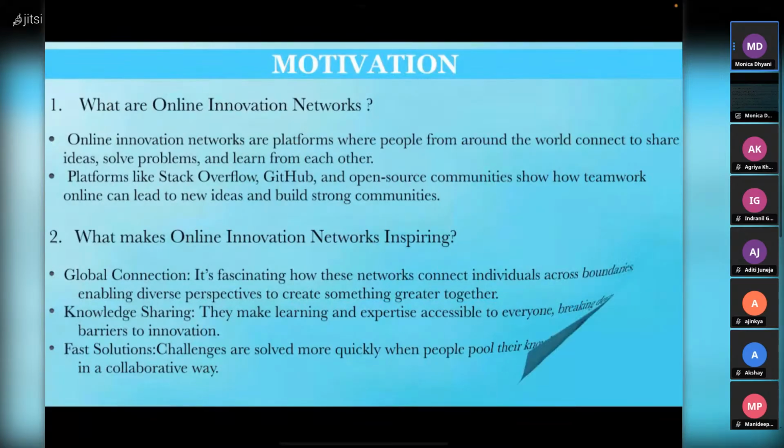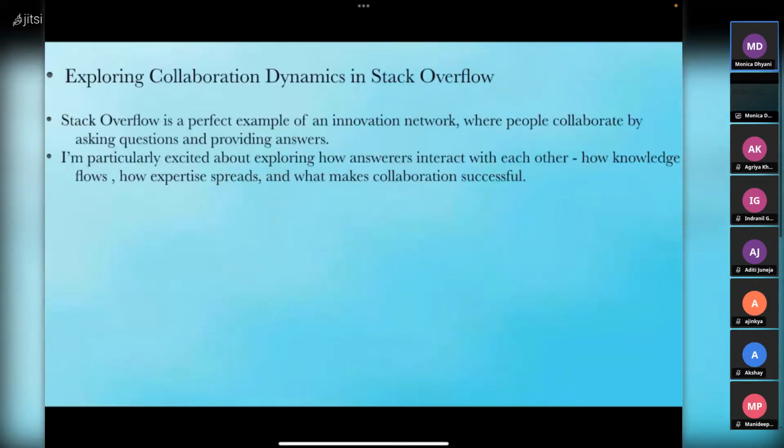When I explore innovation in digital platforms, Stack Overflow stands out as one of the most important as well as a perfect example. Stack Overflow is a community question answering forum where users ask questions and receive answers from their peers around the world.